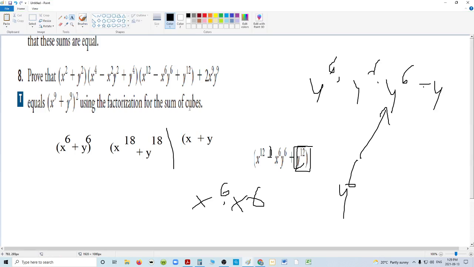And that's the hint, it matches the first one. I'm missing this part. It's not up here. I don't see it in the second part, which means it got divided out. Since they're multiplying each other, if I divide both sides by this, this disappears, and I'm left with that.